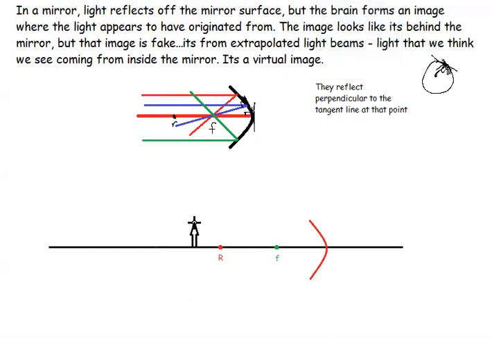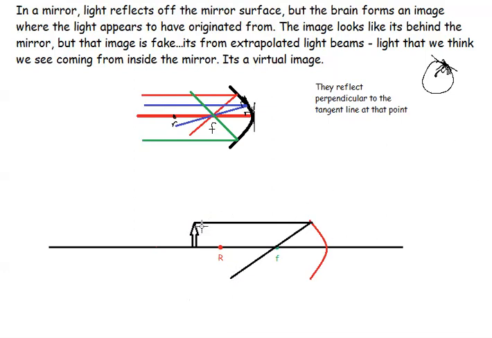If we go from the tip to the mirror horizontally, then based on what we looked at up here, it will reflect back through the focal point. So that's our first step.